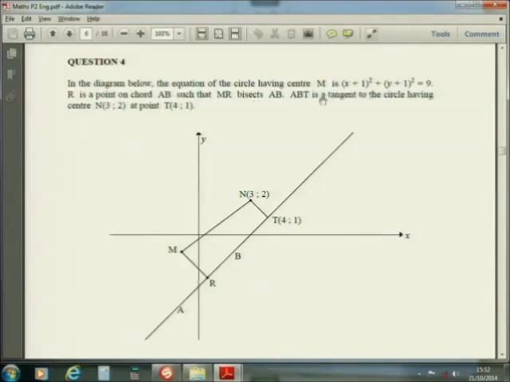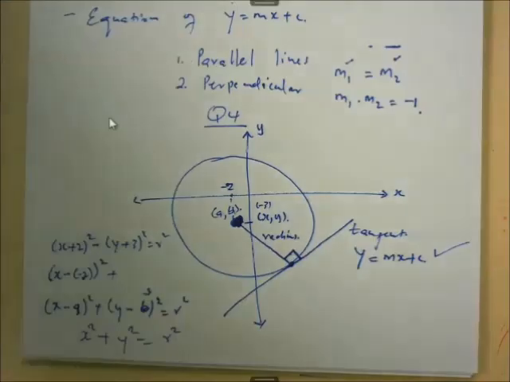There we read, ABT is a tangent to the circle having the center N. So you see there's another circle there. That circle has got a point N, 3 and 2.